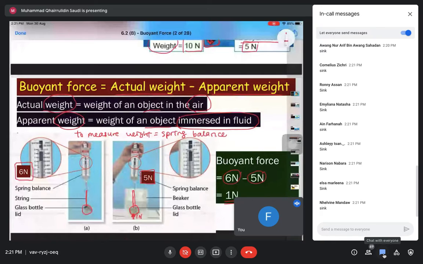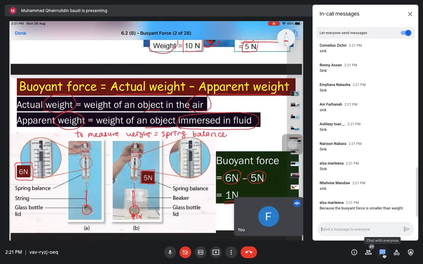Can you write down the answer as well? Anyone? You can talk if you want, but you can also write down your answer in the chat box.